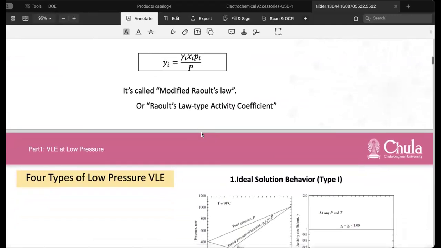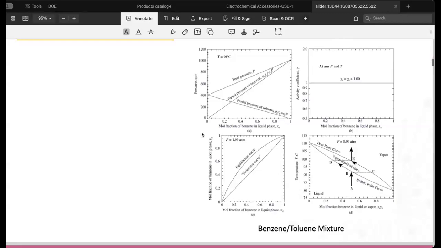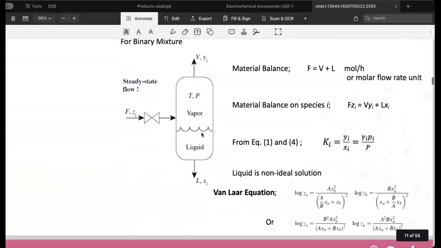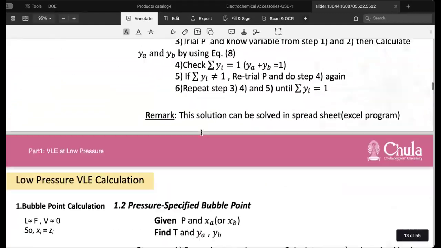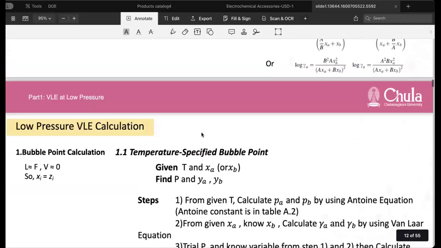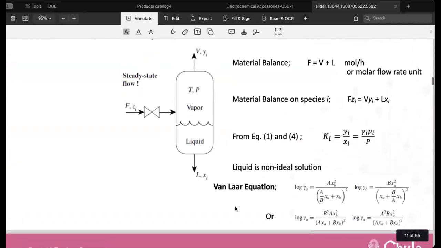Okay, in chapter 8 we assume that we know that model, and which one did we use? Van Laar equation, maybe? Yes, we use the Van Laar equation, right? Van Laar equation. Here it's a model of gamma.